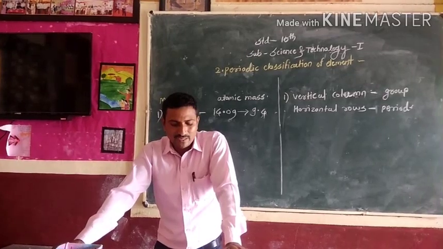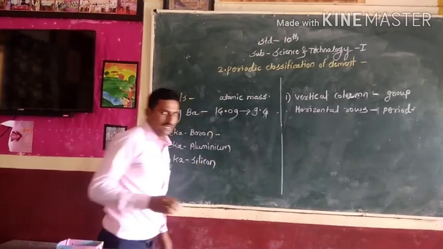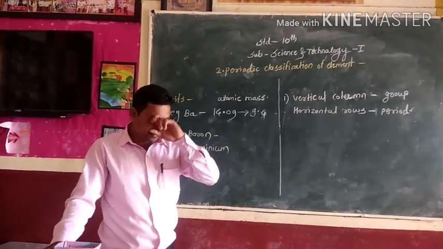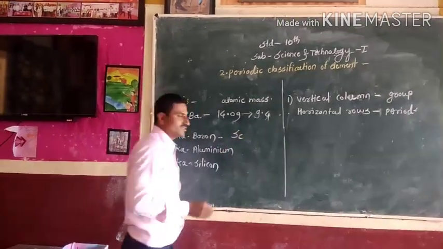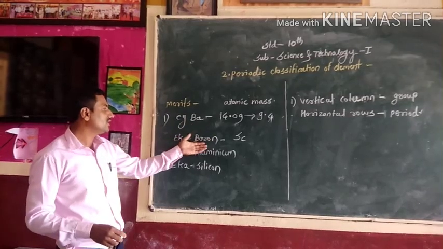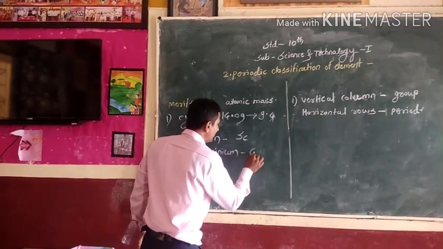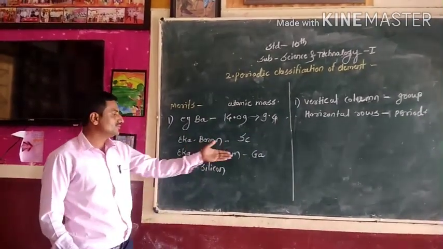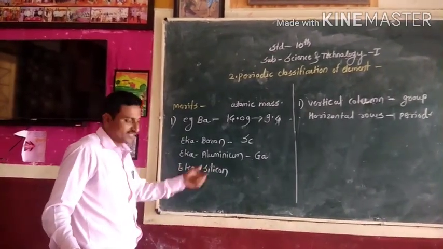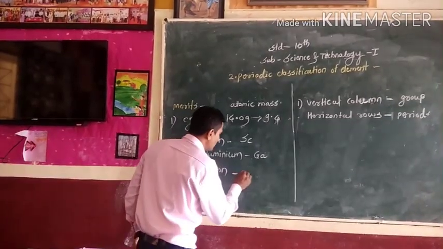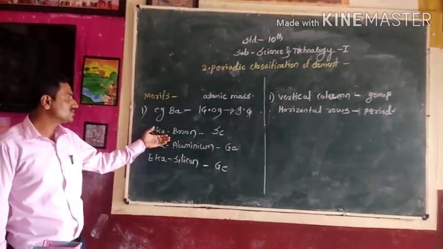After discovery, Eka-boron was found to have properties similar to scandium, in both physical and chemical properties. Eka-aluminium is gallium, and Eka-silicon is called germanium.